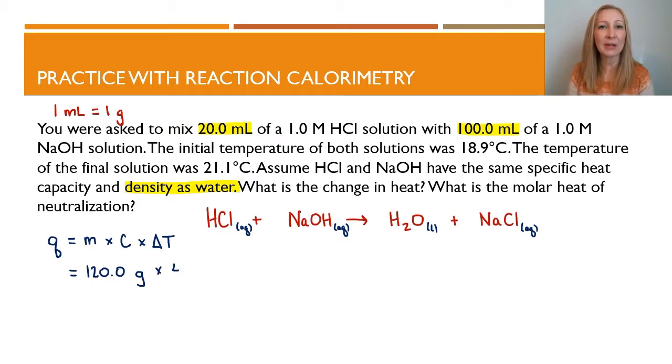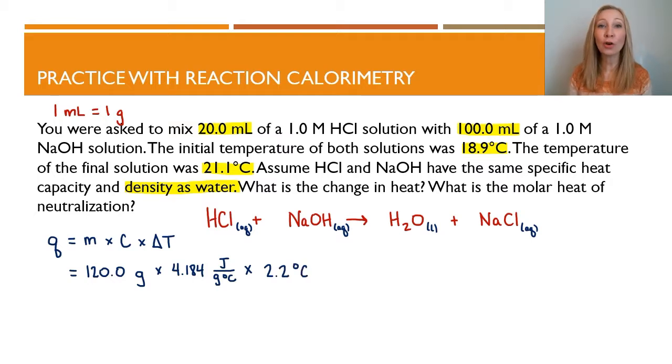The specific heat capacity of water is 4.184 joules per gram degree Celsius, and the change in temperature of the water is our final, 21.1, minus our initial, 18.9 degrees Celsius. That gives us 2.2 degrees Celsius. The water is heating up.